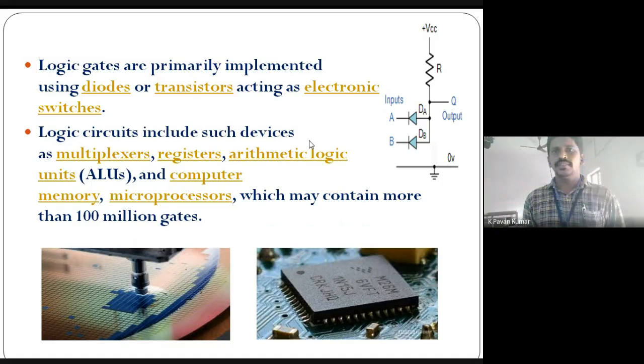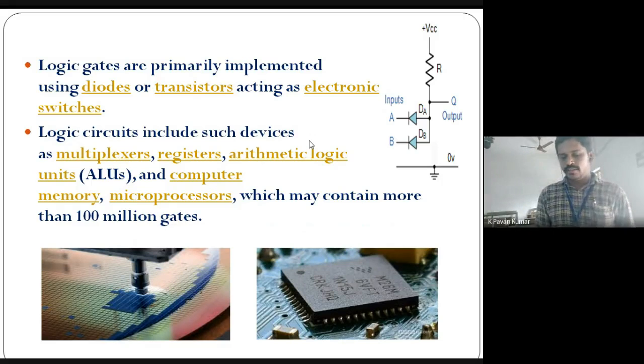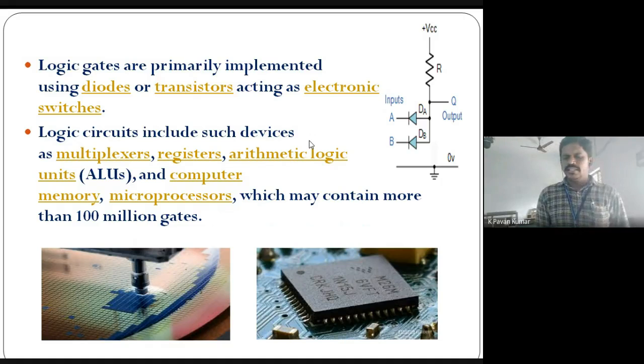Logic circuits include such devices as multiplexers, registers, arithmetic logic units (ALUs), and computer memory and microprocessors, which may contain more than 100 million gates. So you have some devices built in with logic gates, like the multiplexer. Multiplexer means a many-to-one function. That means many inputs are connected to a single output.